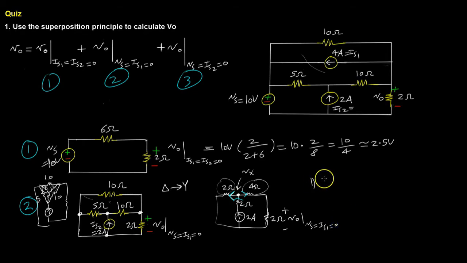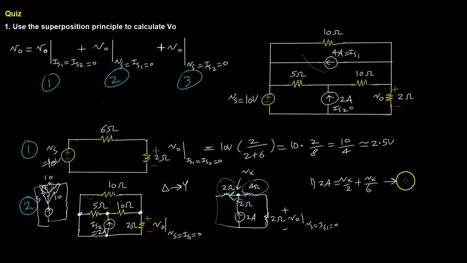So for the first equation I have Vx, I have 2 amps is equal to, because that is the current going into that node, and these guys are leaving. So I have 2 amps going in, Vx over 2 ohms leaving, plus Vx over 4 plus 2, because that entire branch is 6 ohms.